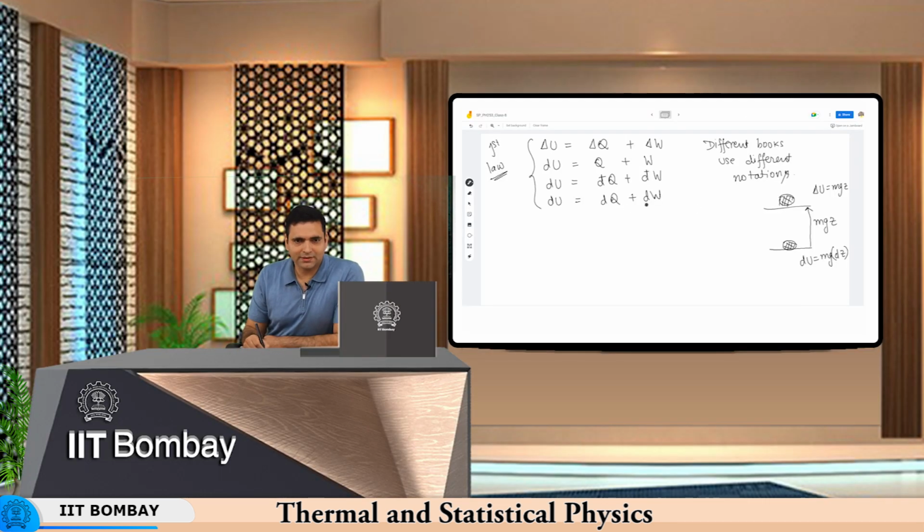On the other hand, some books don't really care about it. But at a conceptual level, you should always keep in mind that heat and work are not exact differentials. So basically, U is a state function, Q and W are not. Therefore, dU is defined.